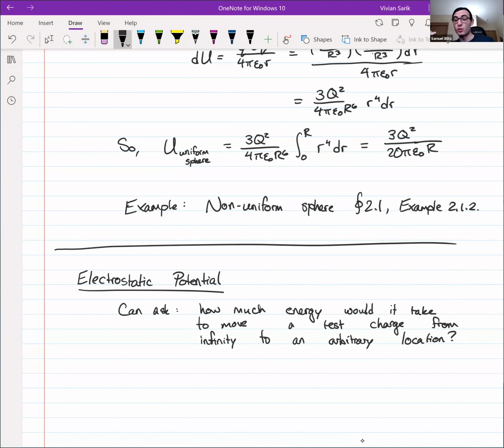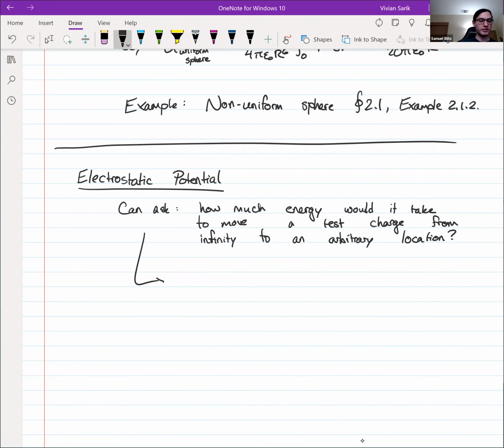So that's a question that we can reasonably ask. It's a limit, not just 0, right? And then we can just divide by the magnitude of the test charge. And that will give us just a number, right? Because energy is just a scalar number. So the end result is a number, or a scalar, not a vector, so that's super important, at every point in space.